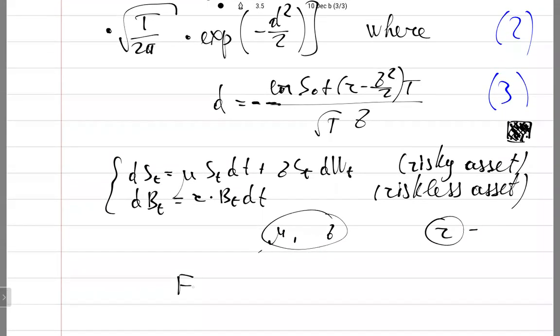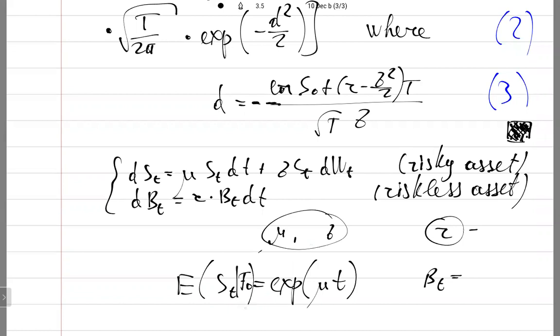So if you calculate the expected value of St given F0, you will have exponent of mu t times S0, and Bt is B0 times exponent rt.